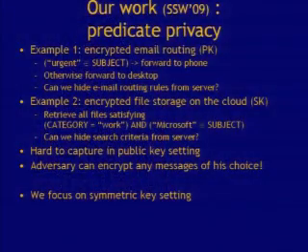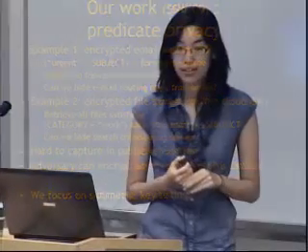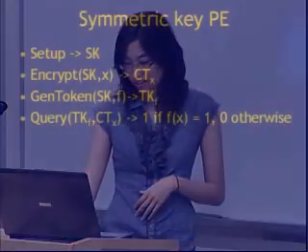So for example, in this encrypted file storage case, if the server has a guess that the predicate you're searching on is that the subject includes Microsoft, then the server can just test this by encrypting a message where the subject is Microsoft and testing whether the token successfully decrypts that message. So for this reason, we focus on the symmetric key setting, and we come up with a scheme for predicate encryption that provides predicate privacy in the symmetric key setting.